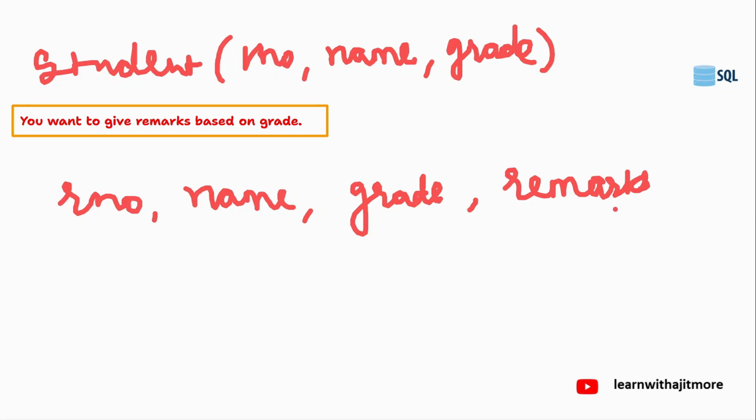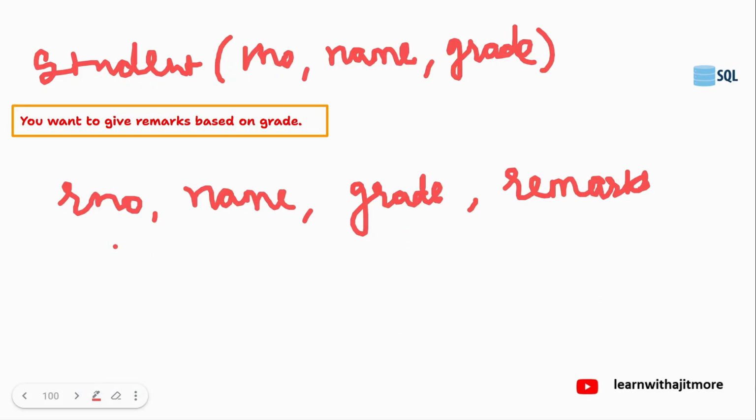I want to create one virtual column called remarks. Get it? In which, based on the grade, I want to give the remark: grade A, then excellent, grade B, good, grade C, fair, and grade D needs improvement. Like that, some remark I want to give based on the value of grade.